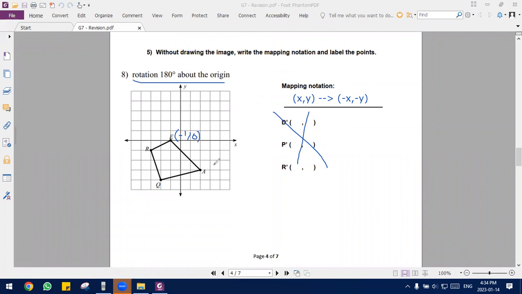The coordinates of A, it's 2, minus 3. The coordinates of R is minus 3, minus 1. And the coordinates of Q is minus 2, minus 4.